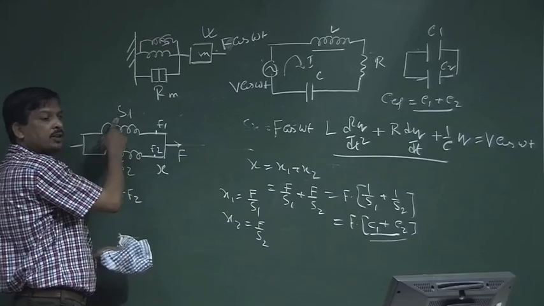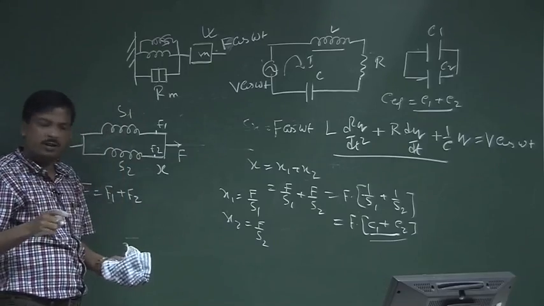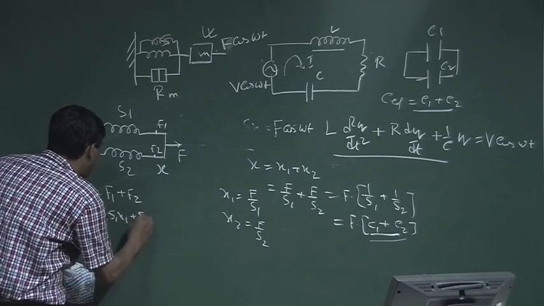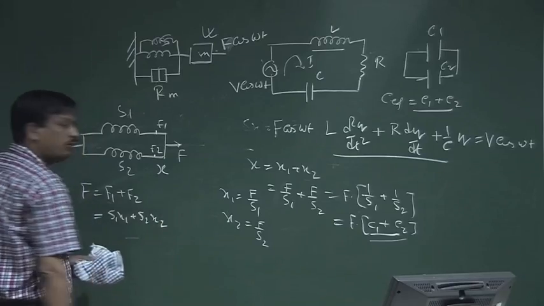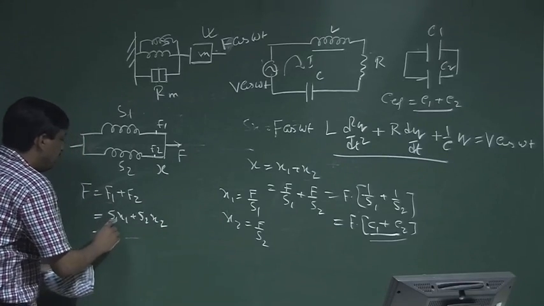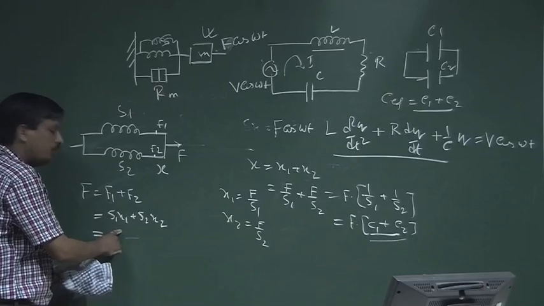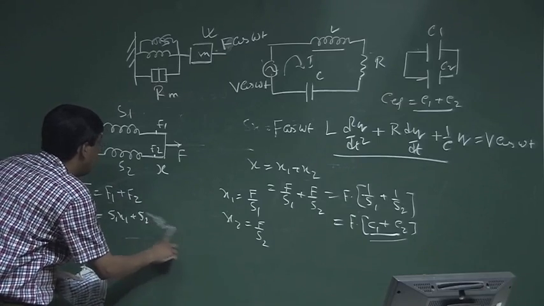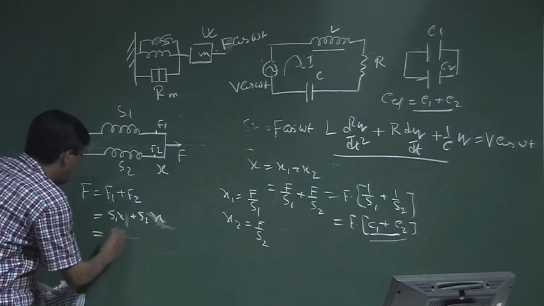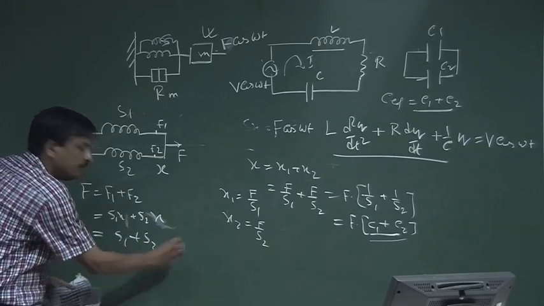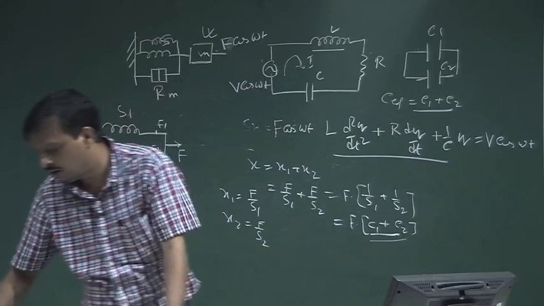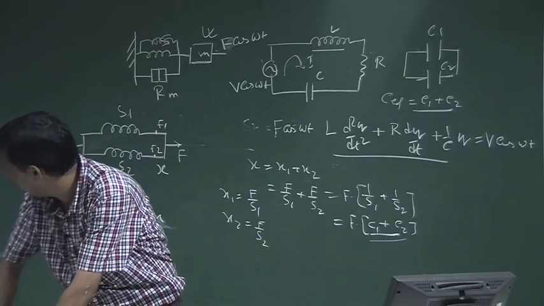What is F1? Spring stiffness into displacement. So, it is S1 x plus S2 x, and since the displacement is x for both, it is S1 plus S2.